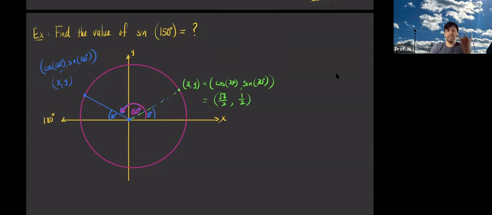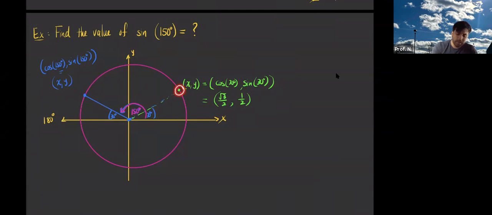So by the symmetry, if I reflect this across the y-axis, which coordinate do I have to negate? And which coordinate do I just leave? Do you guys understand what I'm asking?